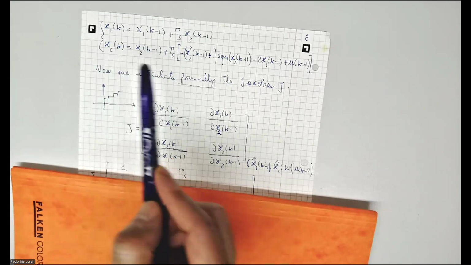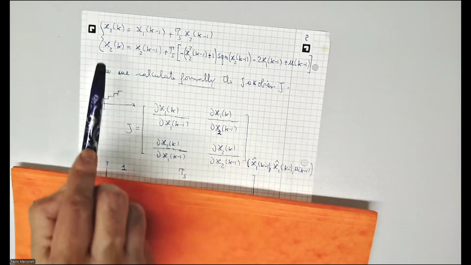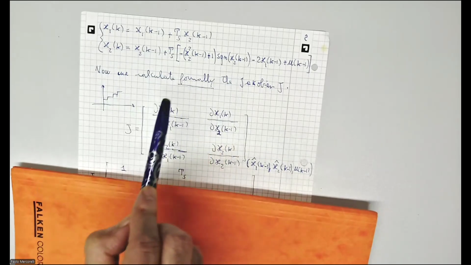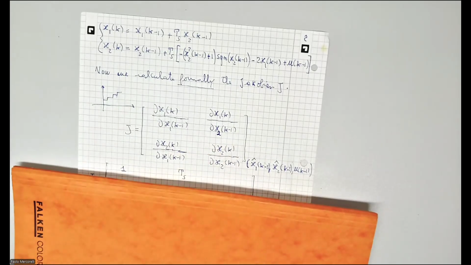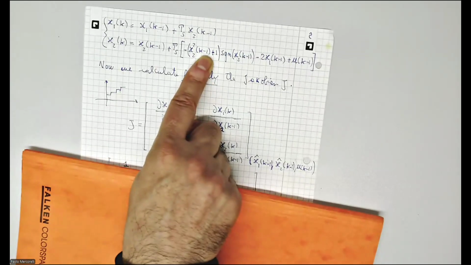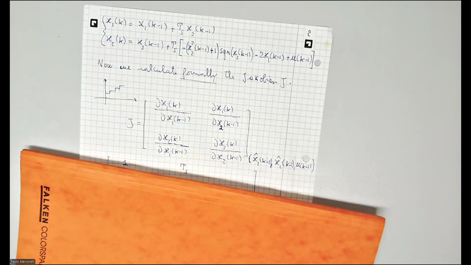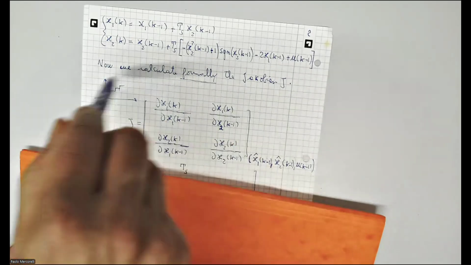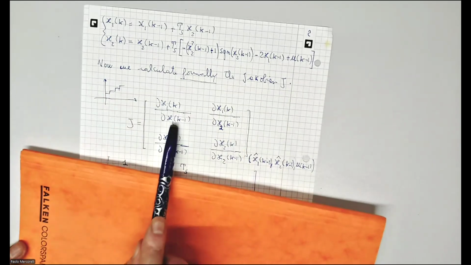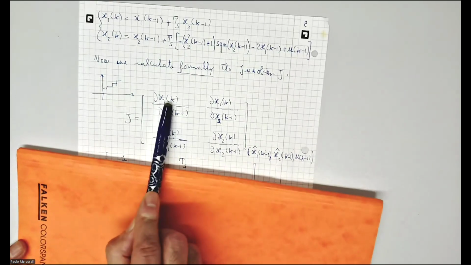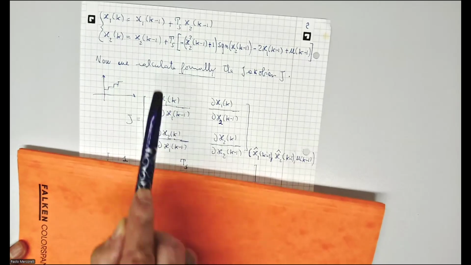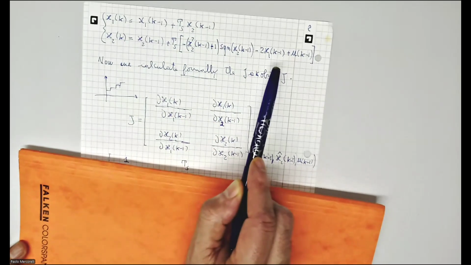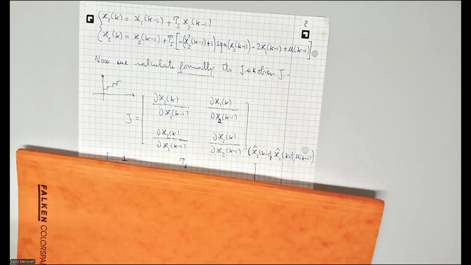Of course, if it's not the case, if the system is implicit, thus k appears also here in terms of states, we cannot speak about the prediction because we have a k here and k here, as in backward. But we need the prediction also to apply this form of the Jacobian, because the derivative of x1 of k with respect to k minus 1 must be in this form. Otherwise, I have to do something different.